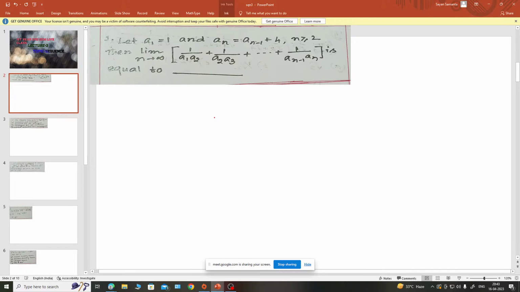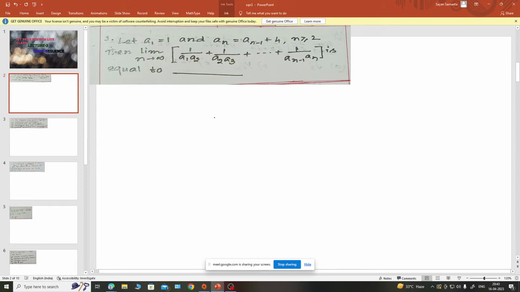What is the value of the sequence? Is the question clear? Everyone try: what is the value of the sequence?